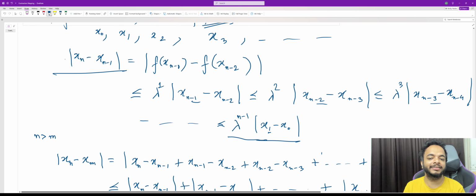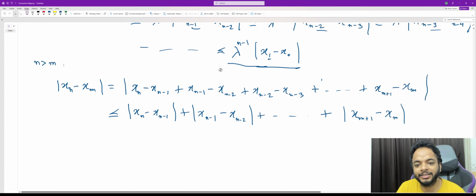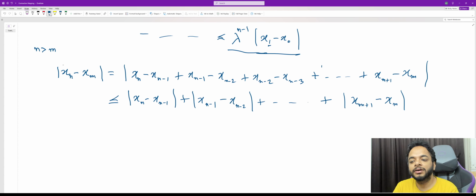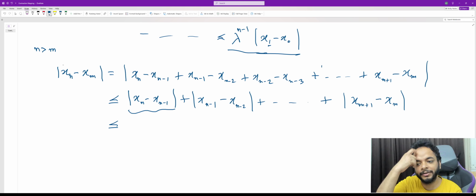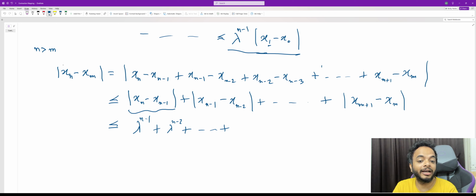I can write this as less than or equal to lambda to the power n minus 1 times mod x1 minus x0. So this will be lambda to the power n minus 1 times mod x1 minus x0. So that mod x1 minus x0, I'll take common. From the next one, I'll be getting lambda to the power n minus 2 and so on. The last one will be giving me lambda to the power m multiplied by mod of x1 minus x0.